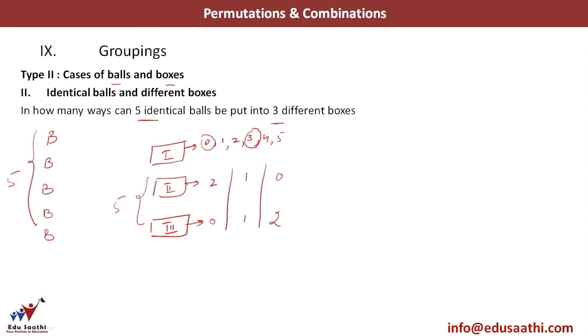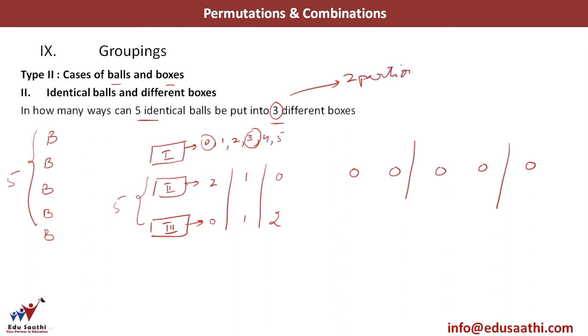Look here. Let's say I draw 5 balls, 1, 2, 3, 4 and 5. Okay, 5 balls as given in the question. I have to have 3 different boxes. So let's say I place 2 partitions among these 5 balls. I had 3 different boxes, so I placed 2 partitions.